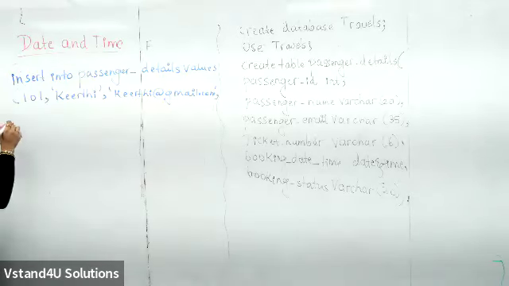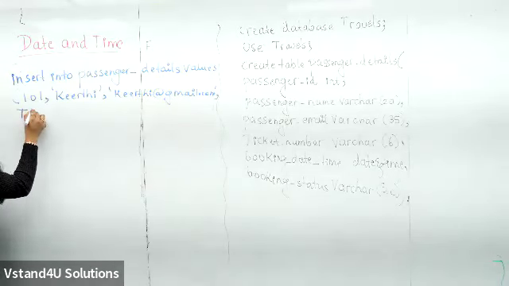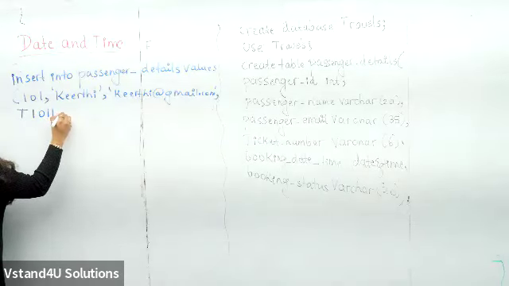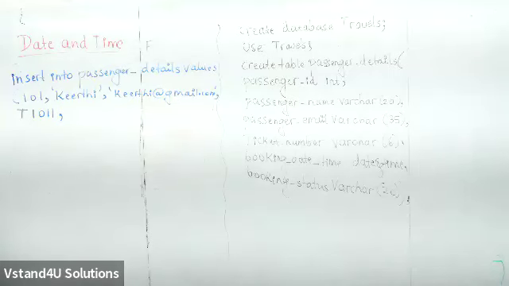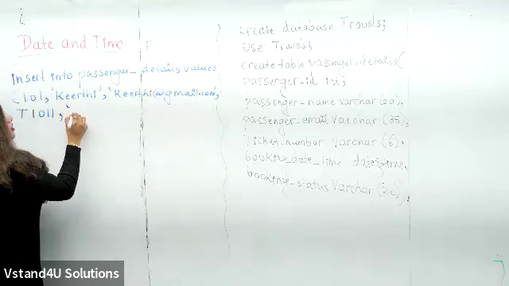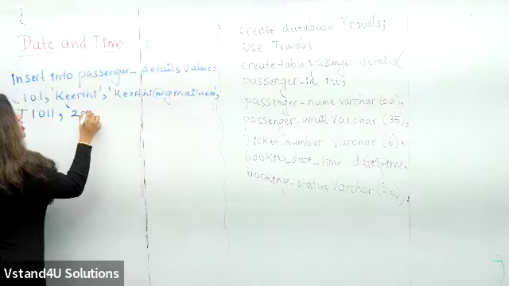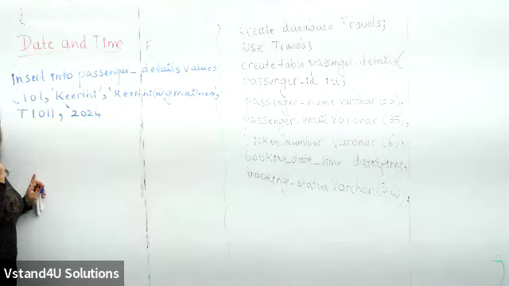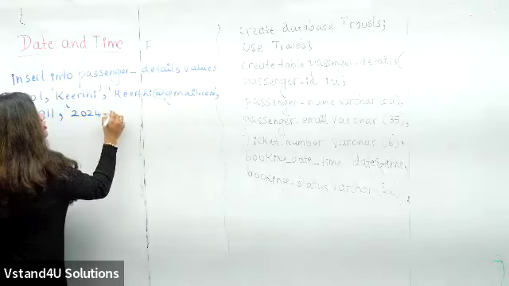Ticket number will be T1011. Okay. Then booking date and time. How will you write it? What is the date format? What is the year? 2024.